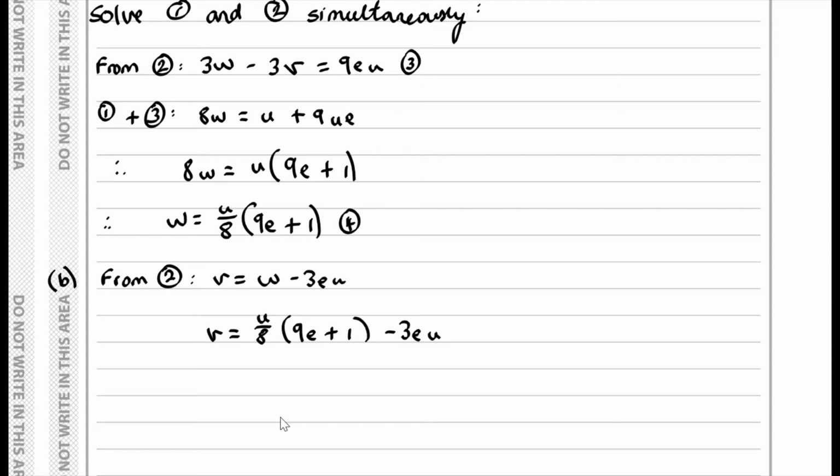And we need to expand and simplify all this. So we have v equals 9u over 8, 9eu over 8. Okay, let's just tidy this up.